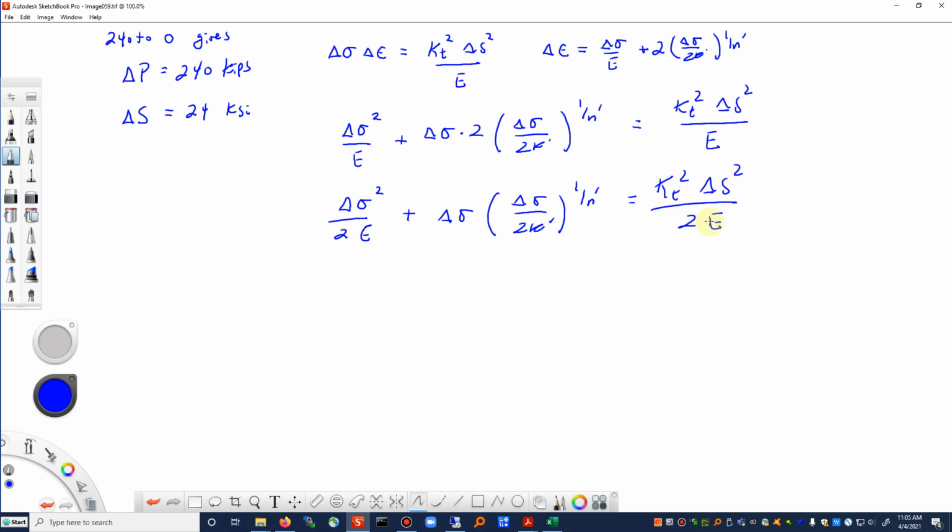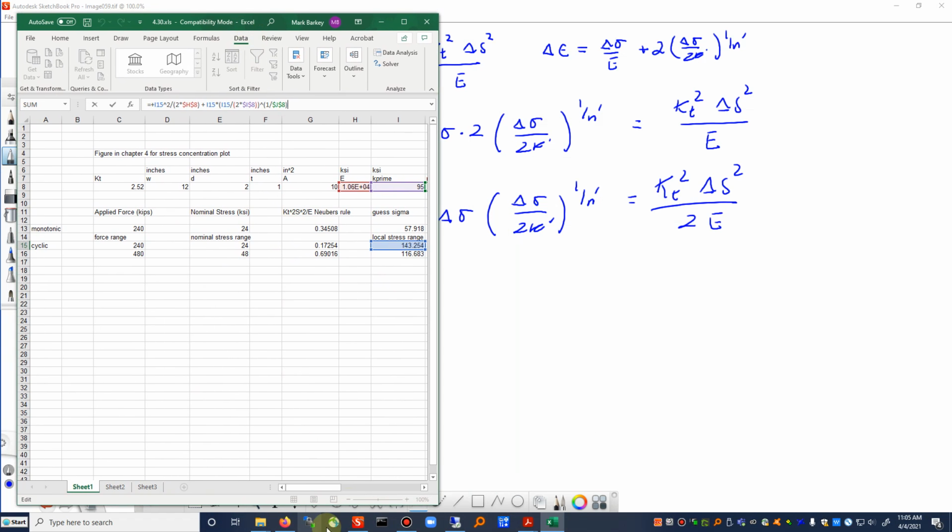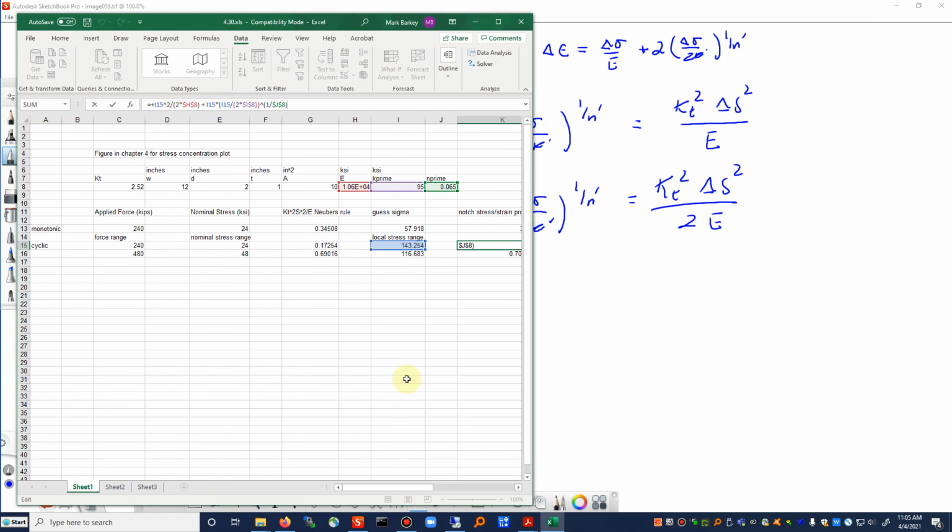Now, there are many different ways to write these formulas, so just be careful and make sure that you've done the algebra to make sure everything is consistent. Let me check my spreadsheet again, just to make sure I haven't made any other mistakes in here. That wasn't a mistake, but just something we need to be aware of.